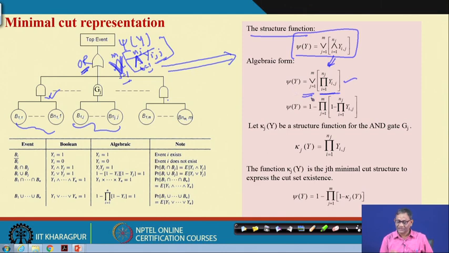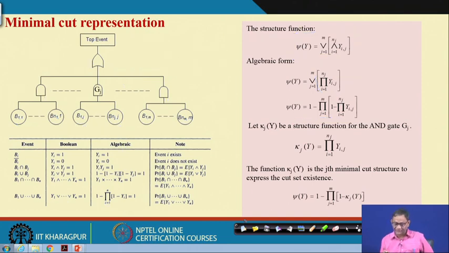Now, when there is a union, and we put down the algebraic form, you have to write 1 minus the product. So, psi y equals 1 minus the product over j equal to 1 to m of 1 minus the product over i equal to 1 to n j of y i j. Okay.